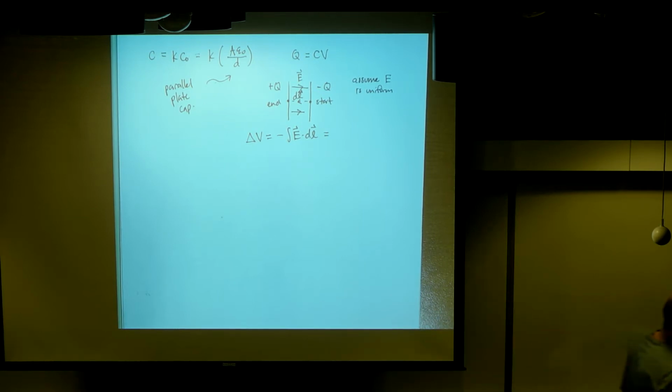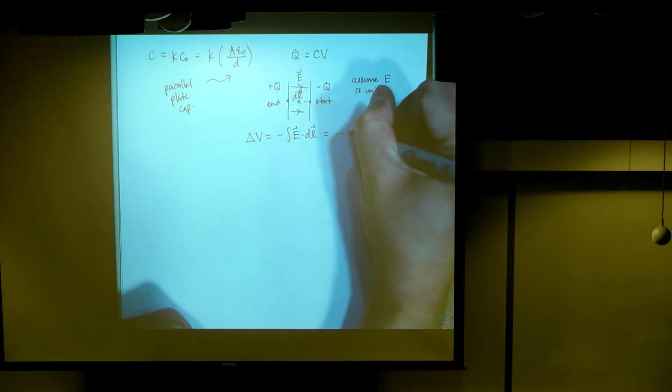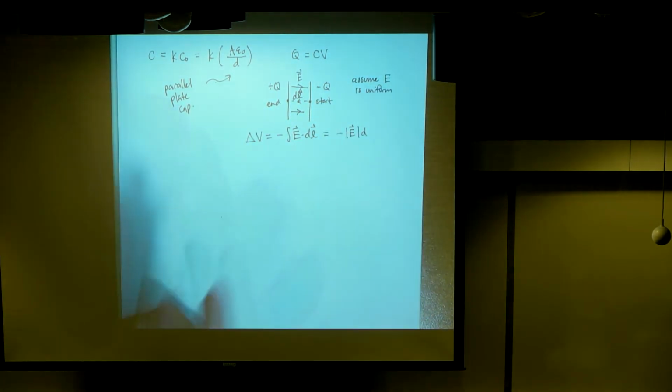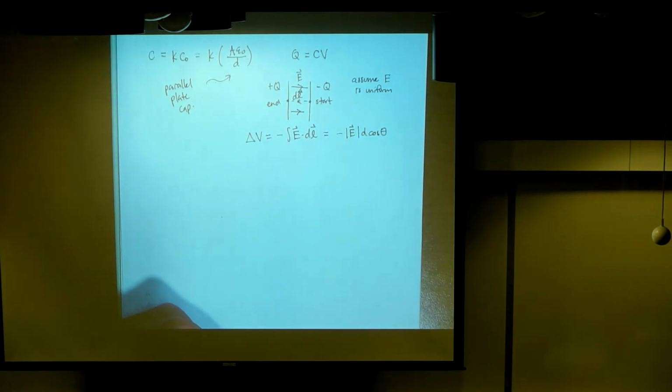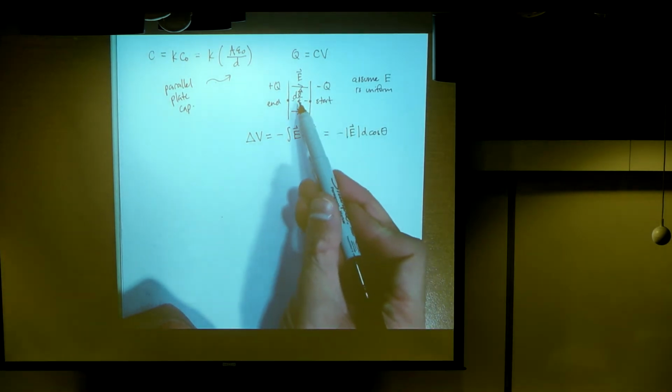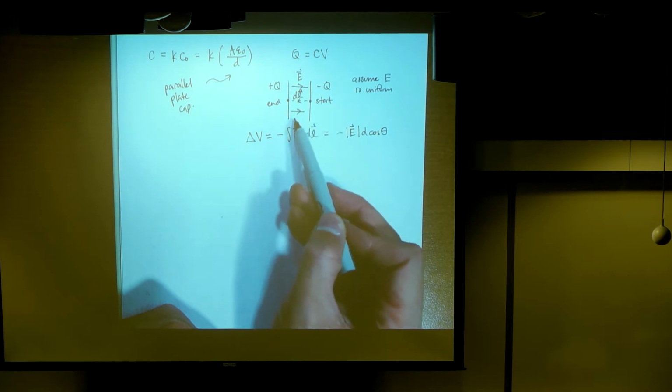Yeah, so it's technically minus magnitude E times d, which is the distance we're traversing, times cosine of an angle. Does anyone remember what the angle represents here? That's the angle between your E field and your path.